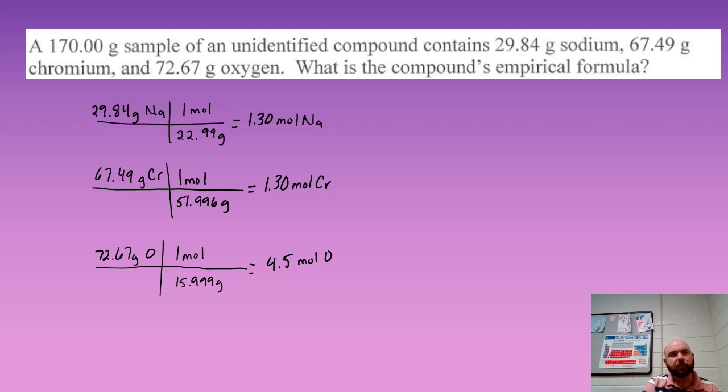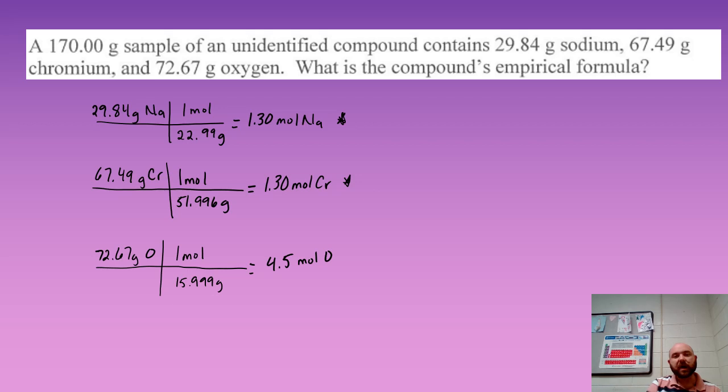But empirical formulas give us molar quantities in the smallest whole number ratio. So to begin, I will find the smallest molar quantity among my constituent parts. And I see that both sodium and chromium have 1.3 moles. So I know that that's going to be the lowest amount of moles.